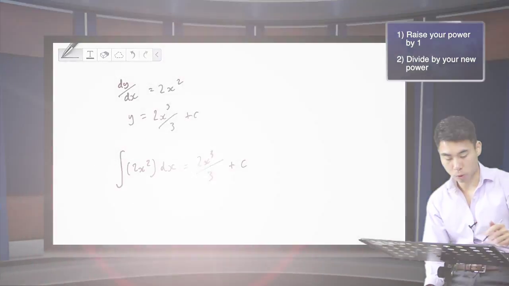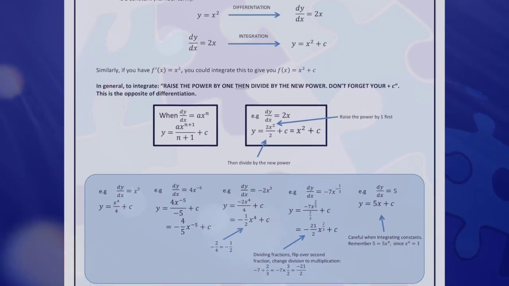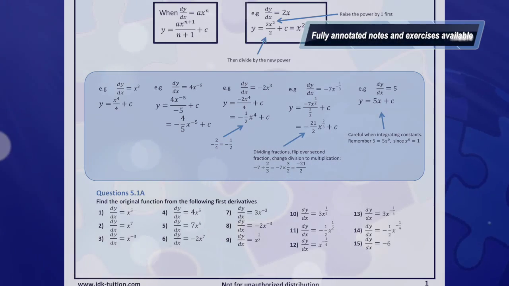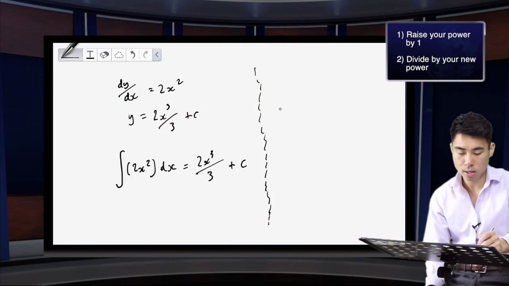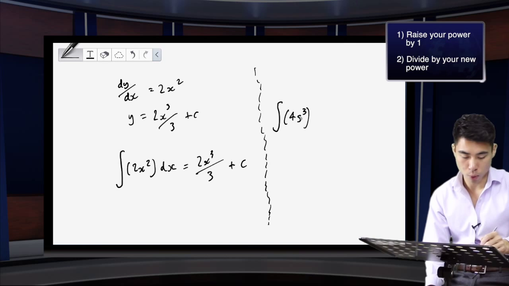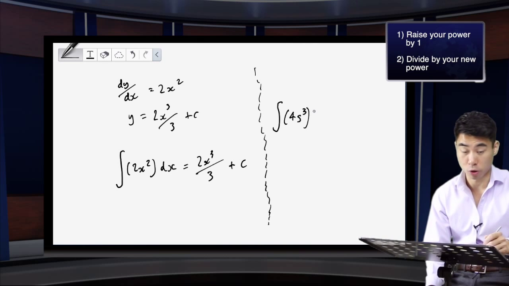Okay, and then we'll go through one more example. So say now I wanted to integrate an expression involving s. So again, your integral symbol, whatever you're going to integrate needs to stay in brackets. The whole expression needs to stay in brackets. So in this case, we're going to integrate 4s cubed. And then now we're working with s's, so we're going to be integrating this with respect to s.